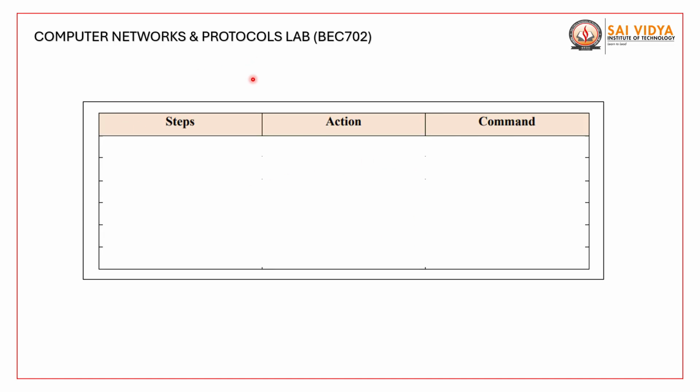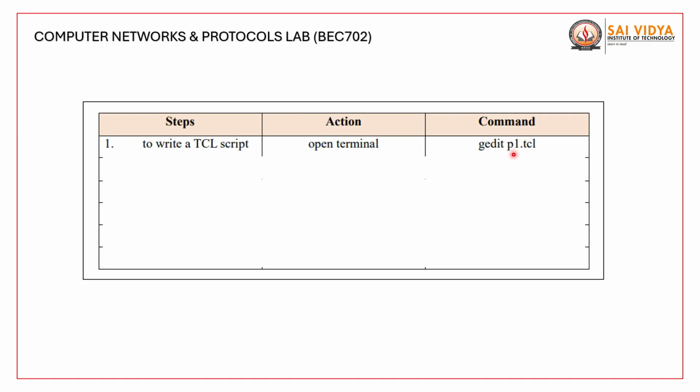What are the steps that we have to follow? First step here is to write a TCL script. In order to write TCL script, you have to open terminal. In Ubuntu, you have to open terminal by right-clicking and selecting open terminal. And then you have to type the command gedit p1.tcl.